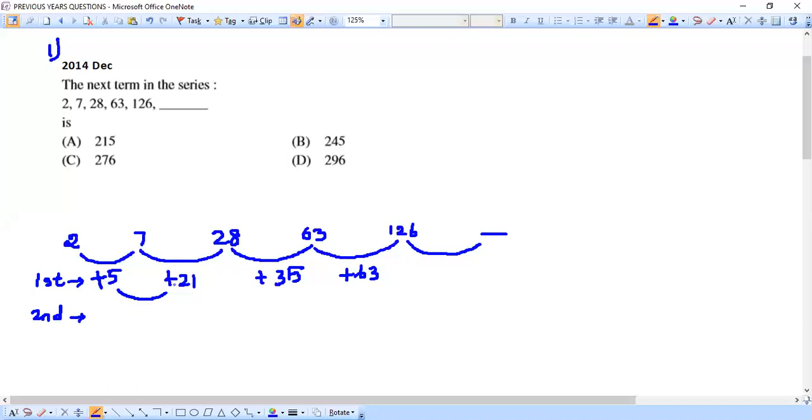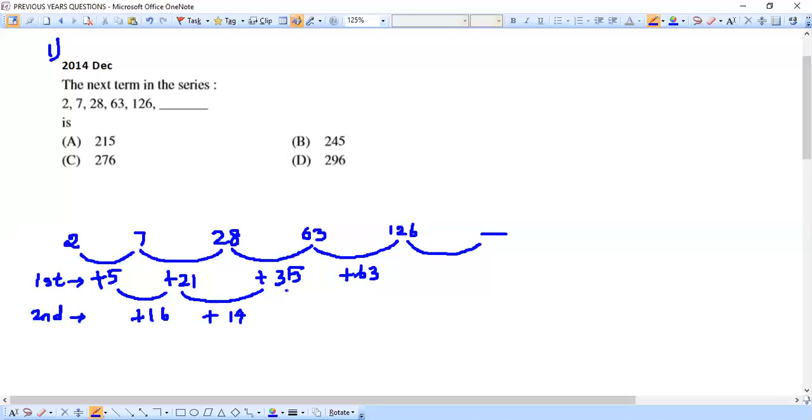So 5 to 21, they did plus 16. Next, 21 to 35, we need to add 14. I'm doing the calculation slowly so that it will be easy for everyone to follow. So 5 minus 1 I did 4 and 3 minus 2 I did 1, so plus 14 is what gives this 35.